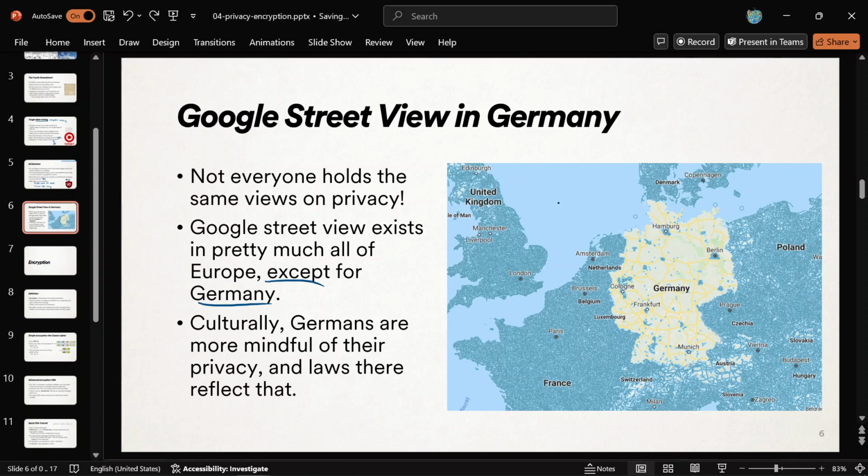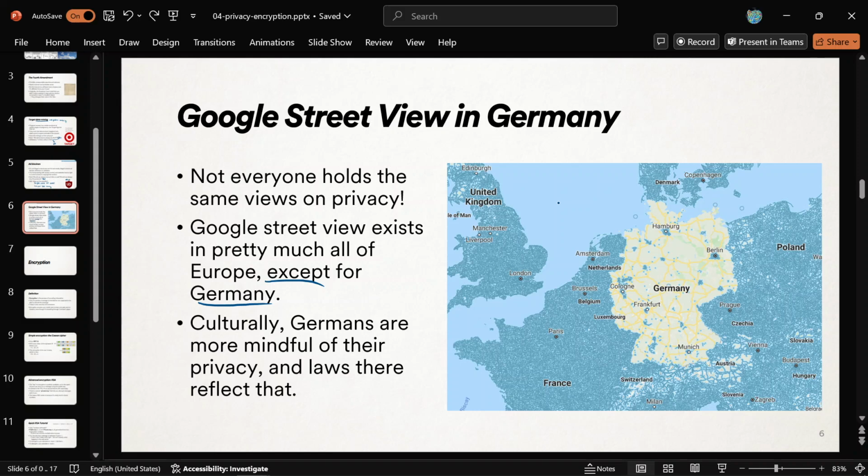Only the big cities. You couldn't go see pictures of random houses and random businesses outside of Berlin and other large cities. What that meant is that Germans were more interested in their privacy. They would rather have privacy than have their houses and yards photographed.